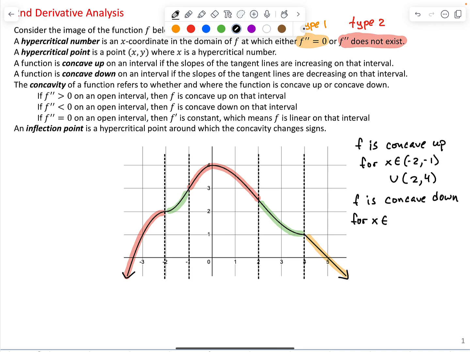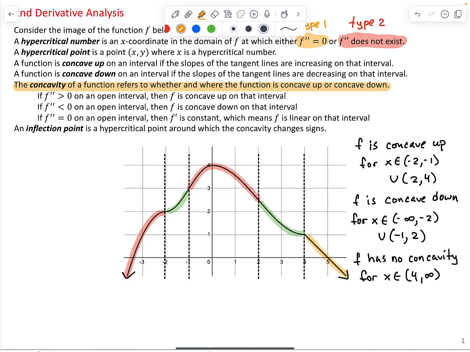So we'll say the first interval is from negative infinity up to negative 2, and then union from negative 1 up to 2. And then for the orange portion, we don't say concave up or concave down. We simply say no concavity. And this would be for the orange portion where the graph is linear, which is from 4 to infinity. And the word concavity of a function simply refers to whether and where the function is concave up or concave down, or maybe has no concavity.